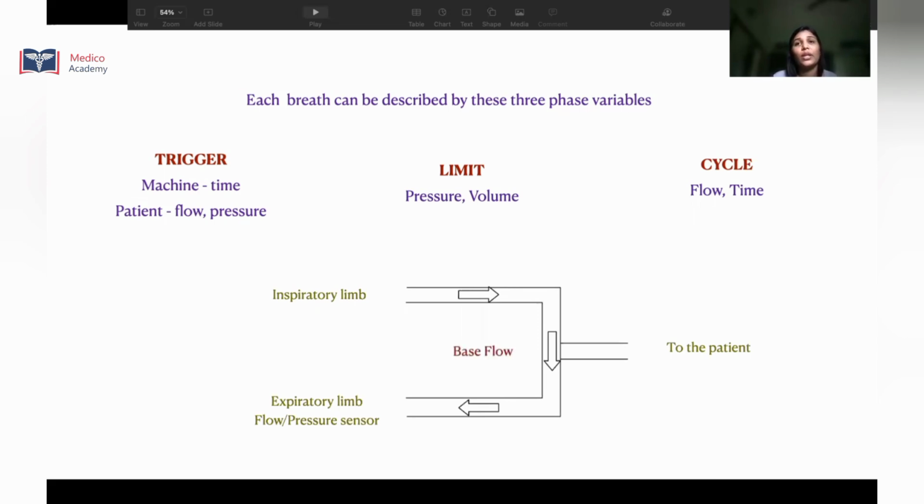There is something known as the base flow. During the period when there is absolutely no effort or no breaths being delivered to the patient, there is a constant flow from the inspiratory limb to the expiratory limb. This is usually around 10 liters per minute. That is called the base flow.